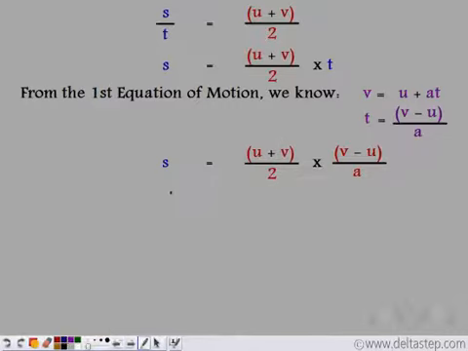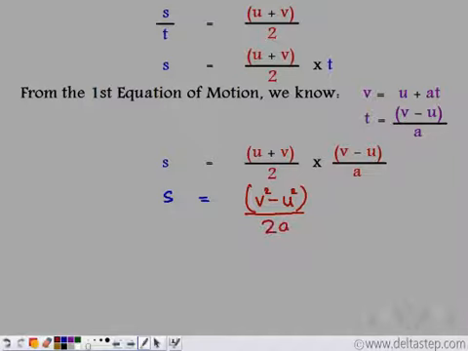So, we have s is equal to (u plus v) into (v minus u) by 2a. We know that (a plus b) into (a minus b) gives us a square minus b square. So, (v minus u) into (v plus u) gives us v square minus u square, by 2a.